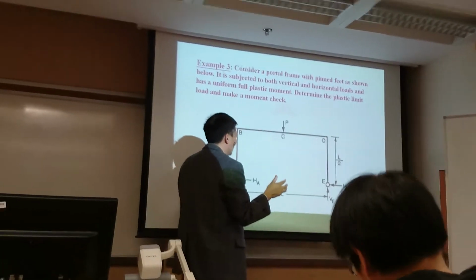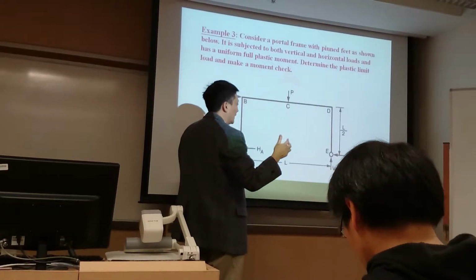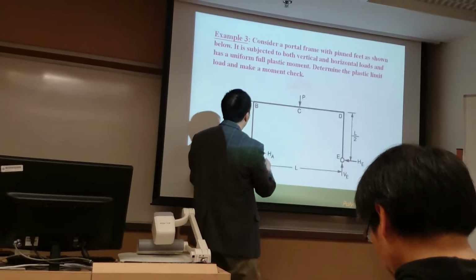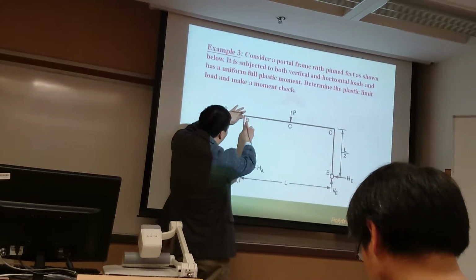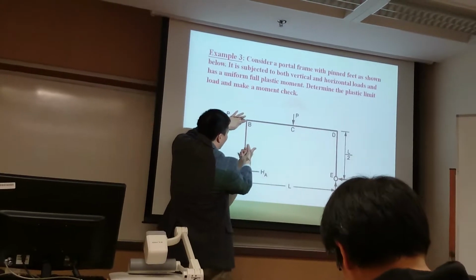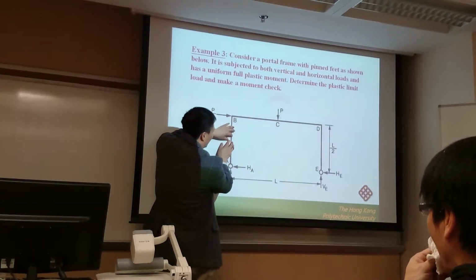So you just need to introduce any virtual displacement which is allowable by the deformation. For example, if you want to make a deflection like this, this is not allowable because here we don't have a plastic hinge, so the relative rotation is not allowable.